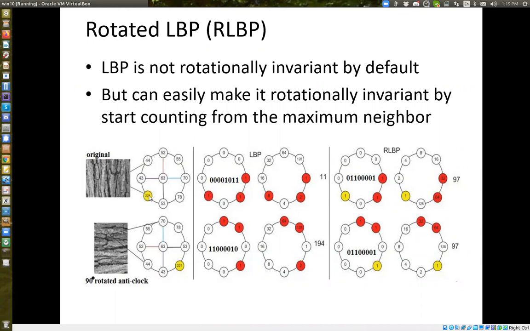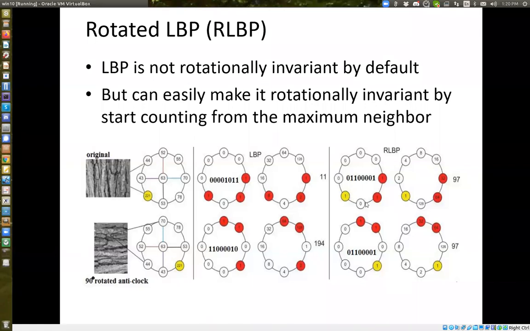So what I'm going to do is always start from the maximum as the least significant bit. Therefore this yellow pixel here will be the least significant bit, and then I just count onward in a clockwise direction.